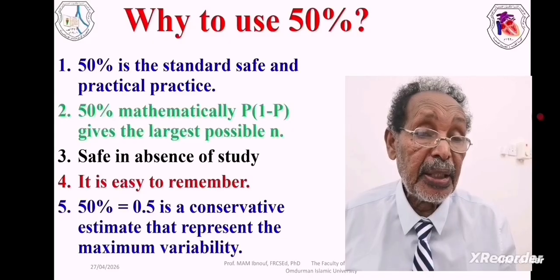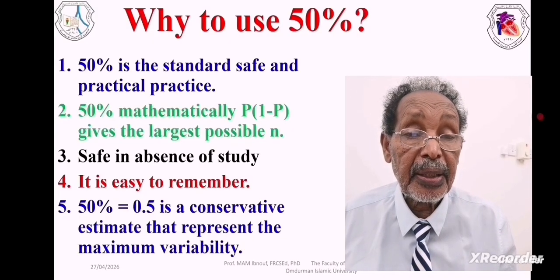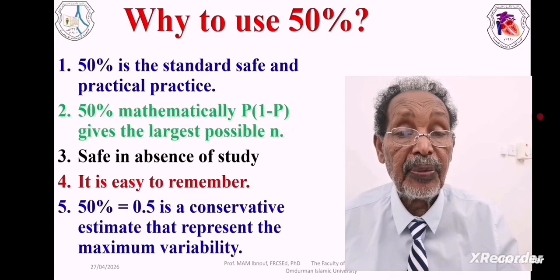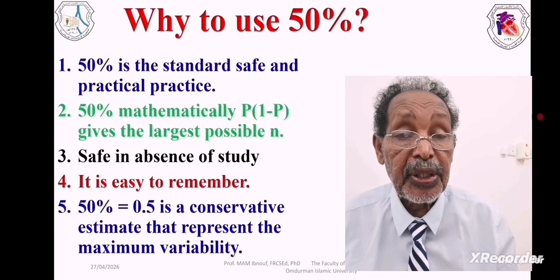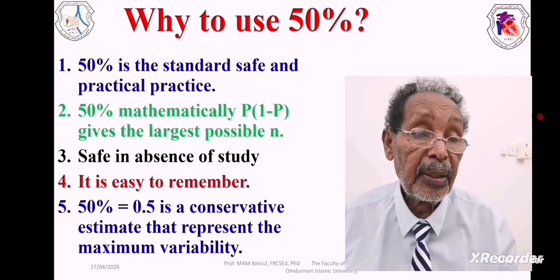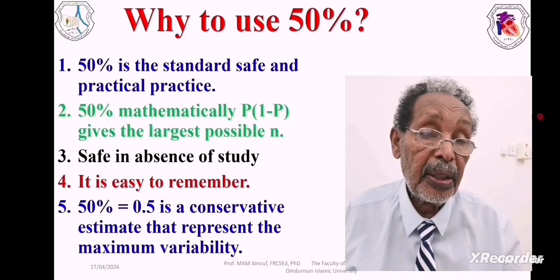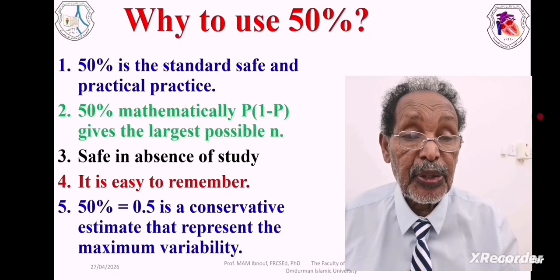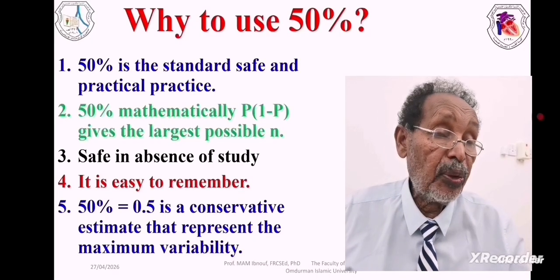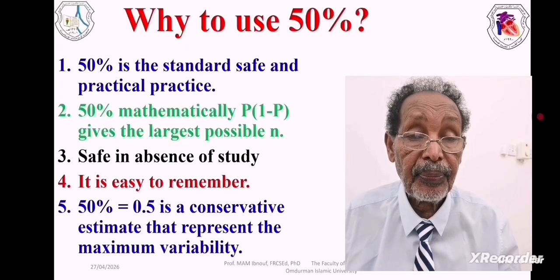Why do we use 50%? It is made by statisticians. 50% is the standard, safe, and practical practice. Mathematically, P multiplied by 1 minus P gives the largest possible sample size at 50%. It is safe in the absence of a study, if we couldn't find a proportion in any study.